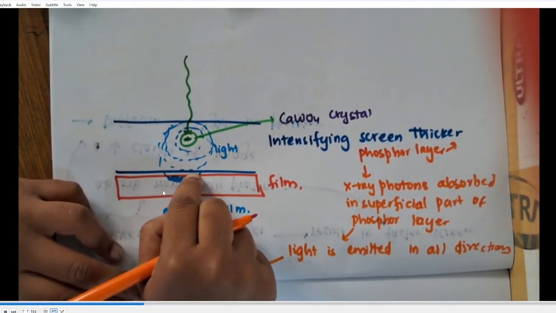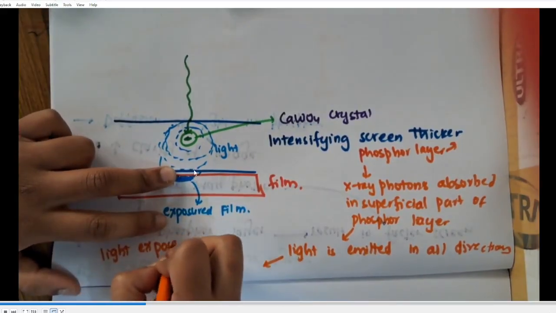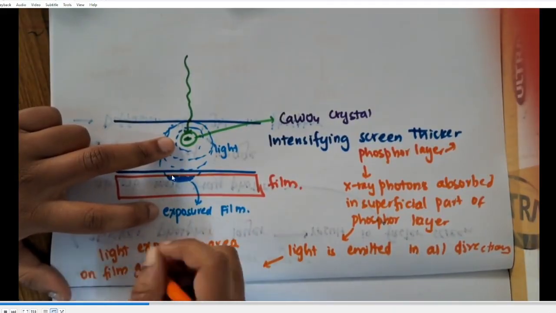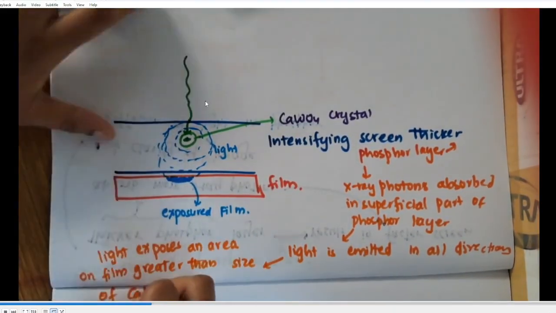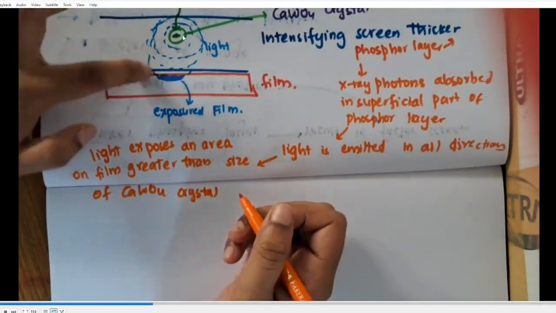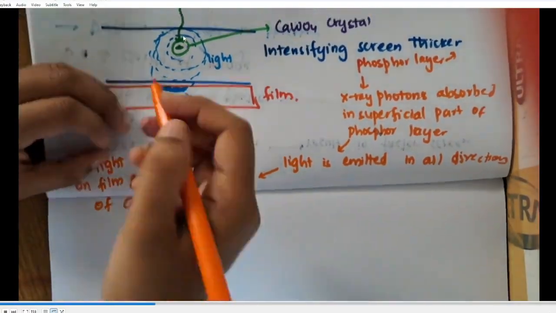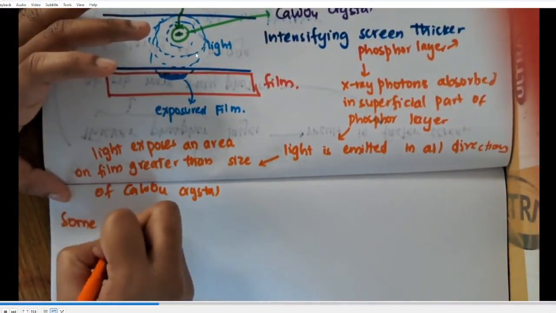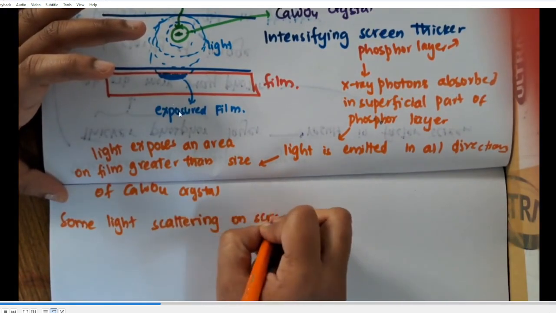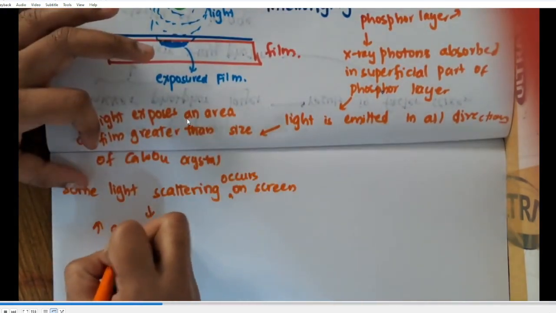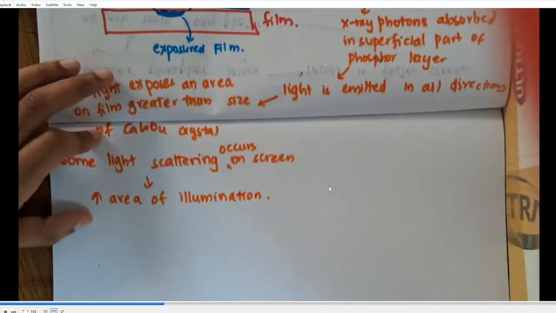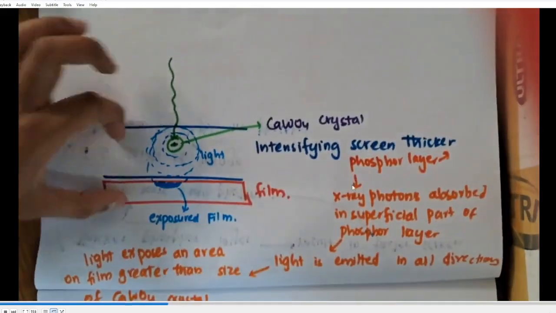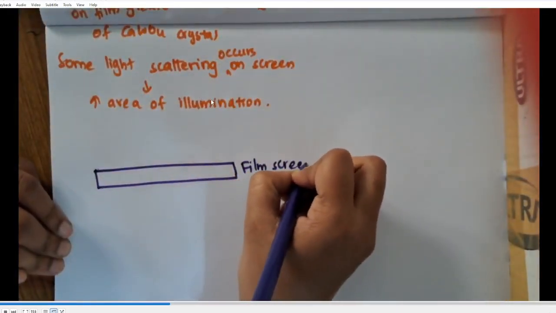This light exposes an area on the film greater than the size of the actual crystal emitting it. In addition, some light scattering also takes place in the screen, which further increases the area of illumination. This resultant light diffusion obviously results in less sharp borders.